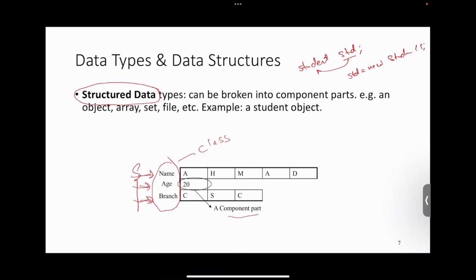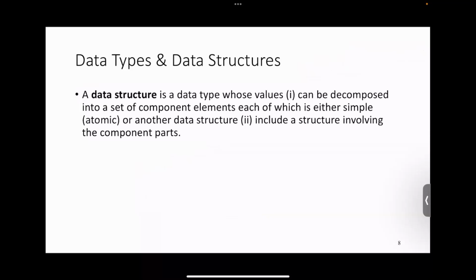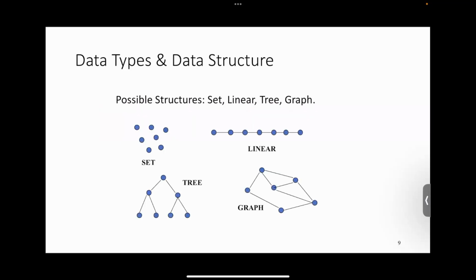So structured data is a collection of component data types, or you can say a collection of primitive data types, right? Okay. So now, what a data structure is: a data structure is also like a data type whose values, the allowed domain values, can be decomposed into a set of component values, like we have just seen here.